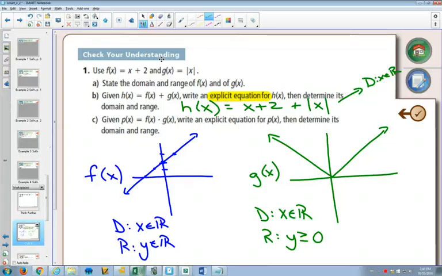The range of this is going to be a little bit more difficult. What's going to happen when we add these two graphs together? Well, let's just look at a couple of points. For example, at 0, we have 0 on this graph, 2 on this graph. If I add those together, I'll be at 2.